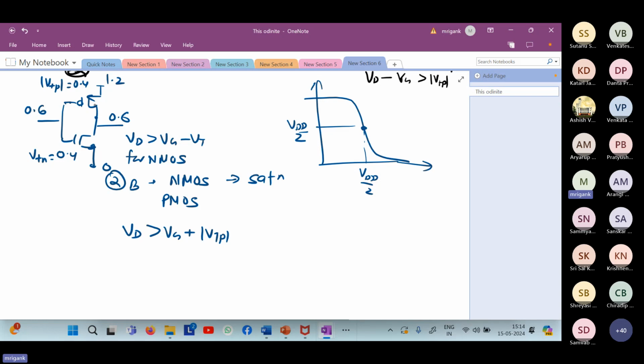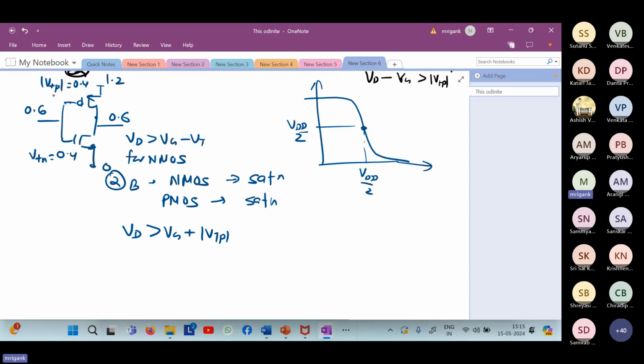So we can easily say that PMOS is also going to be in saturation. Channel not formed at the drain means pinch off, right? That you have studied in your basic electronics, analog electronics, digital electronics everywhere. So at this point, the drain voltage is almost equal to the gate voltage at the midpoint. As a result, there is no channel formed at the drain side and PMOS is pinched off as well.